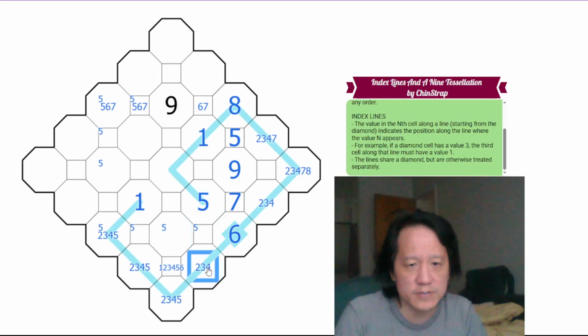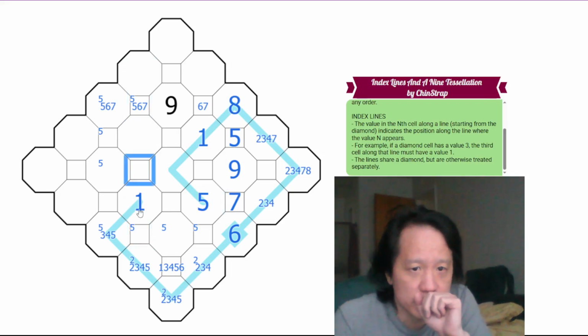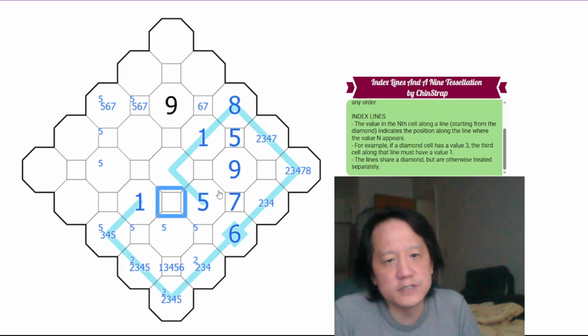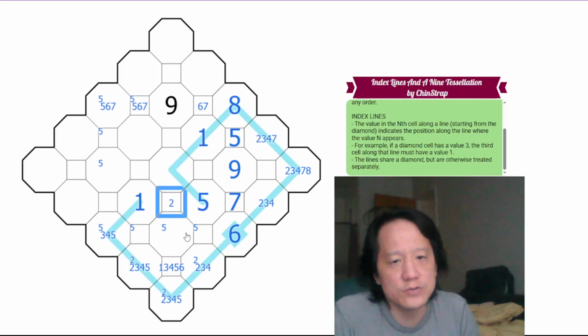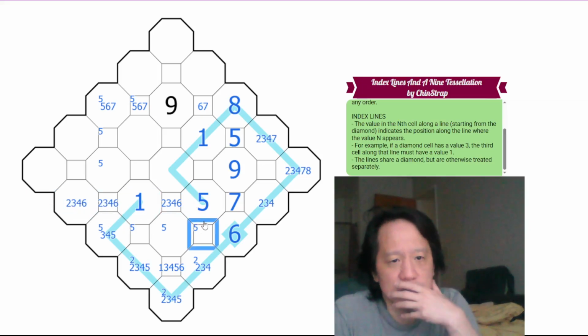Since 5, this is basically 2 has to be in the 2nd, 3rd, or 4th position, so this cannot be 2 here. So we're guaranteed a 2 in one of these two, so this cannot be 2 here. Remaining digits in row 6 are 2, 3, 4, and 6.